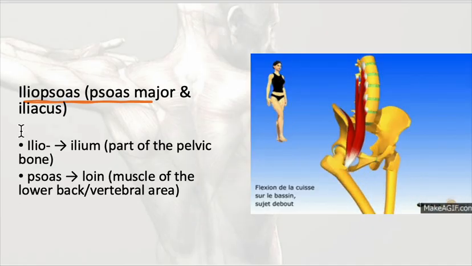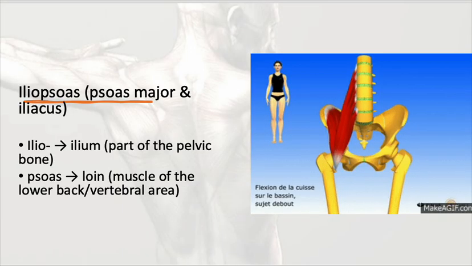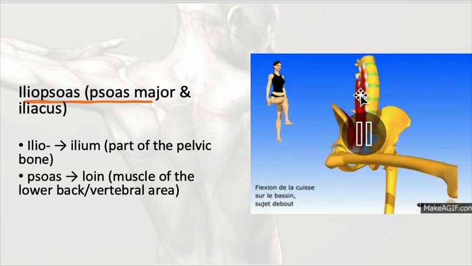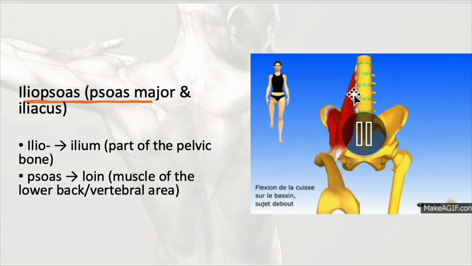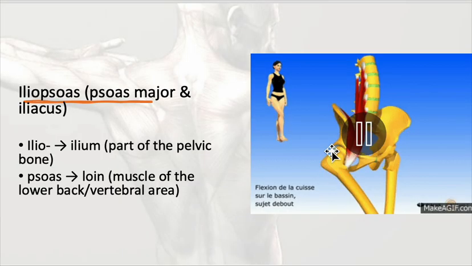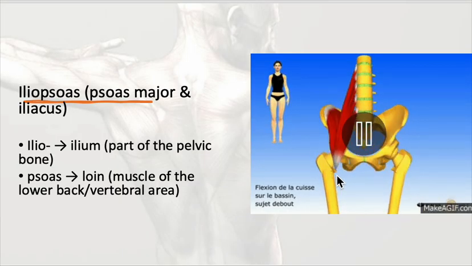And there's the iliopsoas, as I mentioned, and it is actually originating from the lumbar vertebrae. So it originates from attachments to the bones of the vertebral column, and then it's going to insert, here we can see on the femur, near the hip joint there.